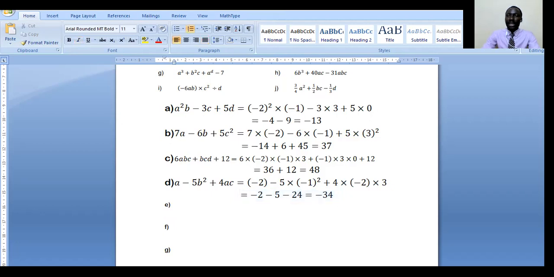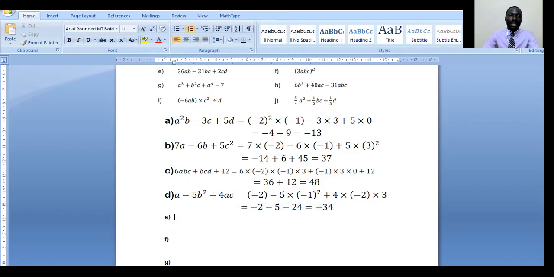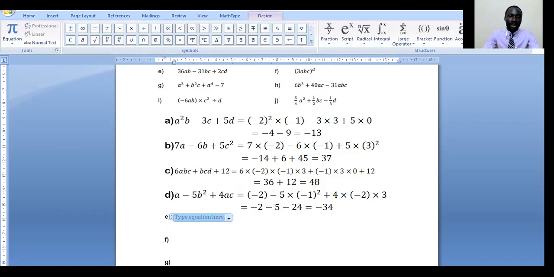Now, notice that for E, what's the expression? The expression is 36AB minus 31BC, then plus 2CD.